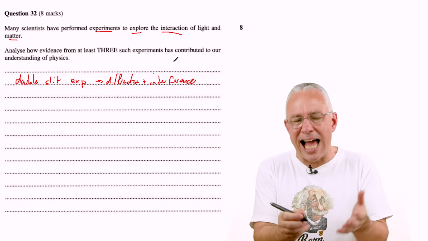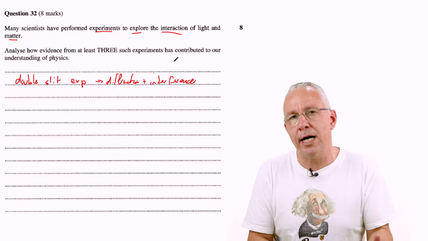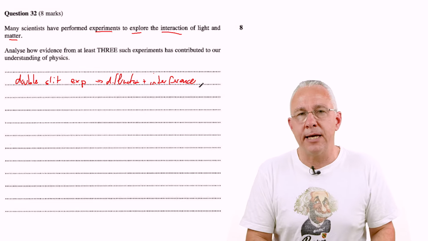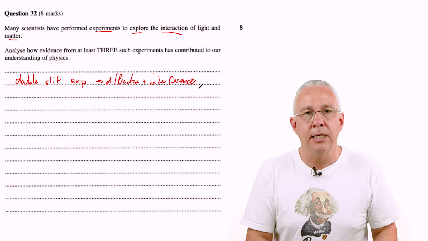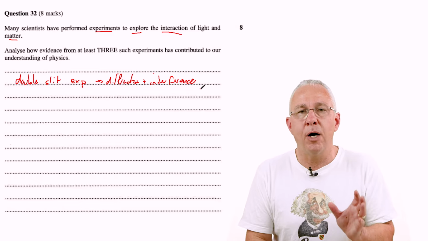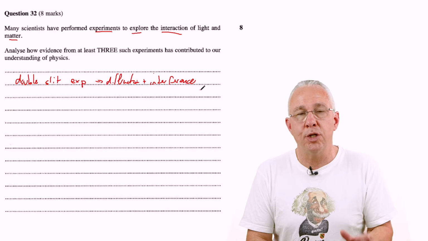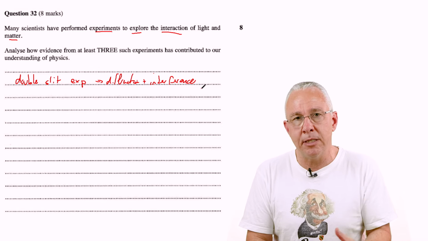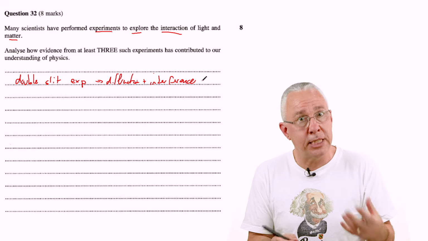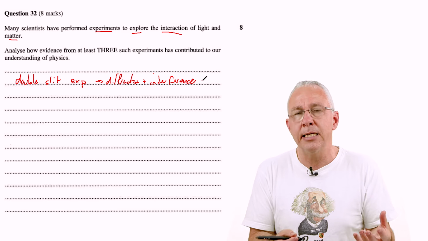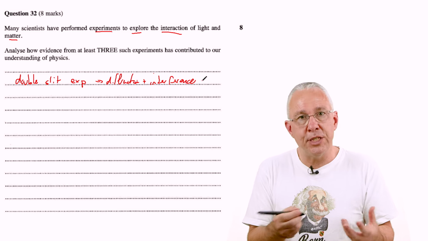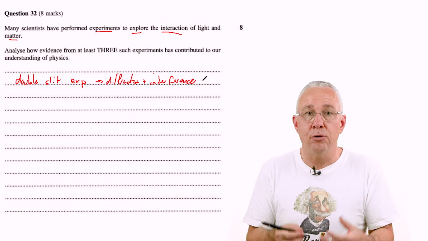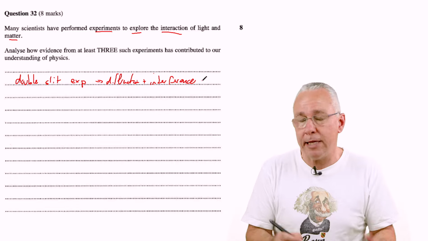Now, I'm not going to outlay here all the details required for the full marks, but I would certainly be suggesting that the fact that we've got interference patterns suggests that we have a wave-like property in terms of the light wave. So in other words, the double slit experiment, where light interacts with the slits or diffraction gratings, which is matter, obviously shows that light has wave-like properties, and therefore we can calculate things such as wavelength.